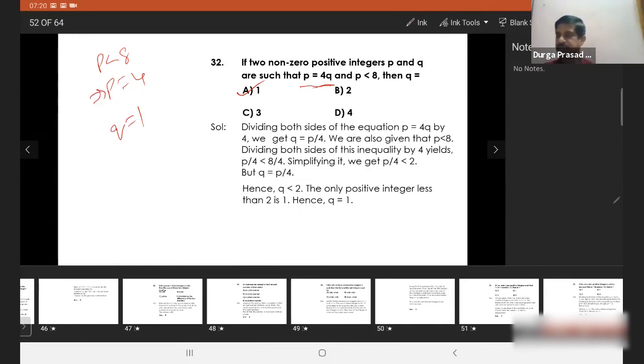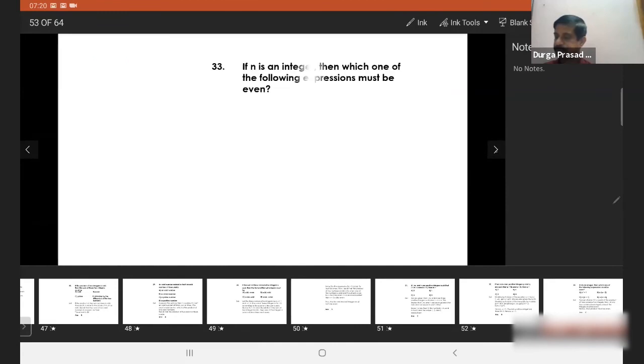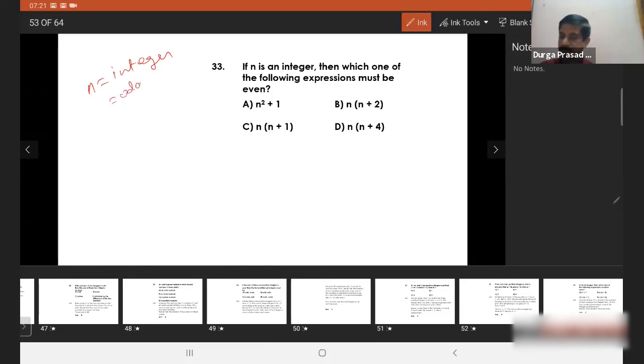Let's go to the next question. N is an integer. Then which of the following expressions must be even? So N is an integer means what? It can be odd or even. So odd square is odd, plus 1 is even. So which of the expressions must be even, he says. So look at this.